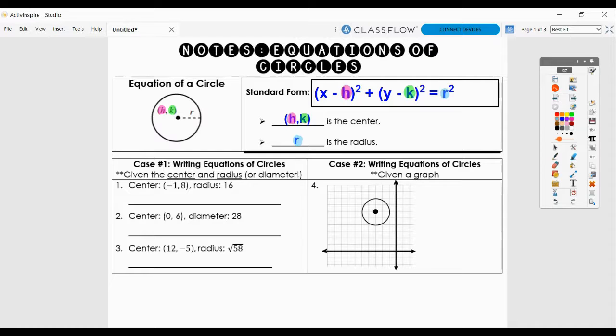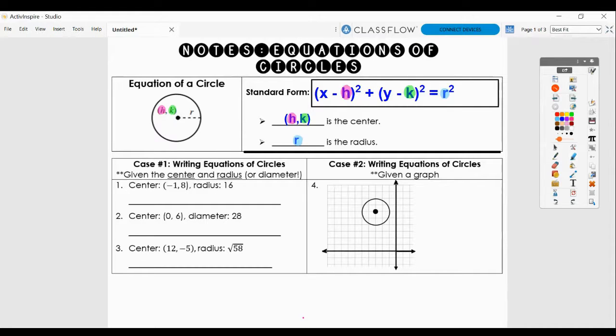So we're going to go ahead and look at case number 1, where we're writing equations of a circle given the center and the radius. It's important to have both the center and the radius because we need all of those to write the standard form of the equation. Let's look at the first problem, where we're given the center at -1, 8 and the radius with a length of 16.